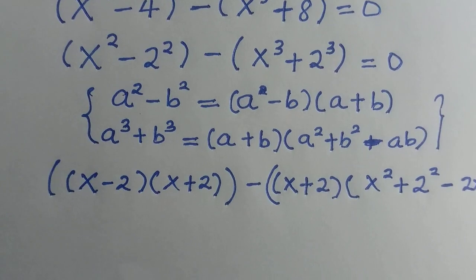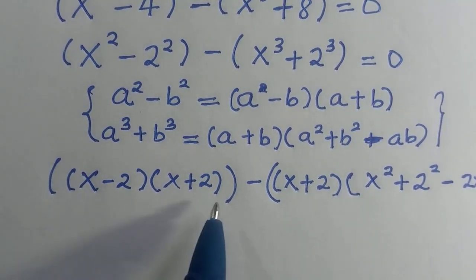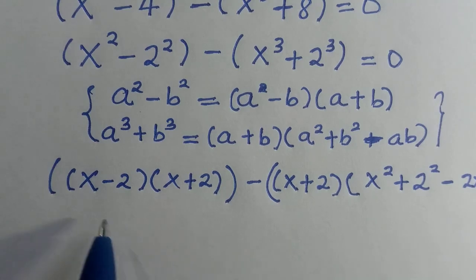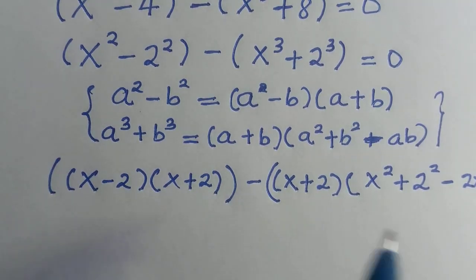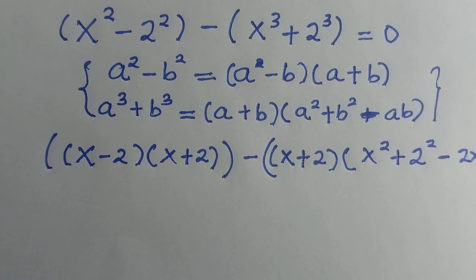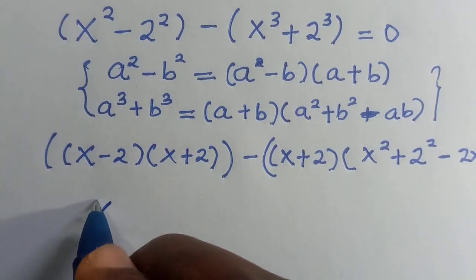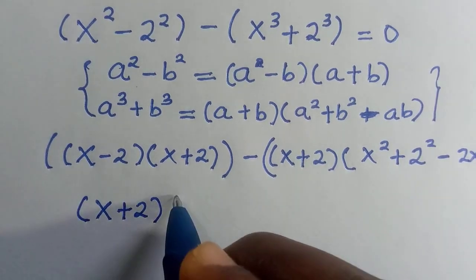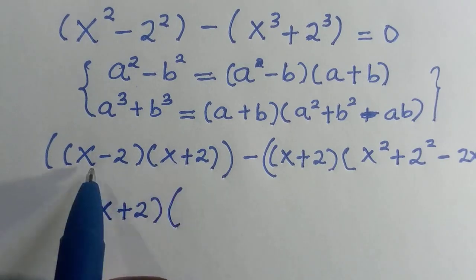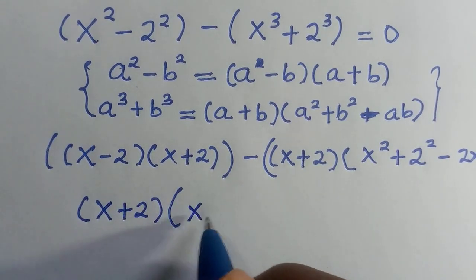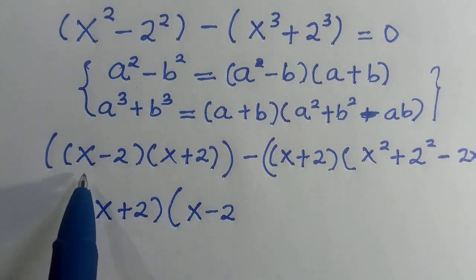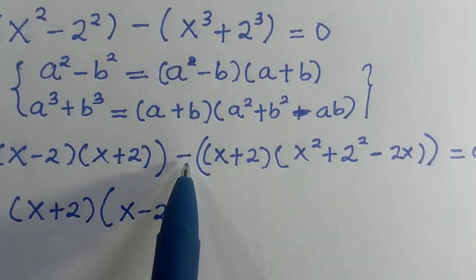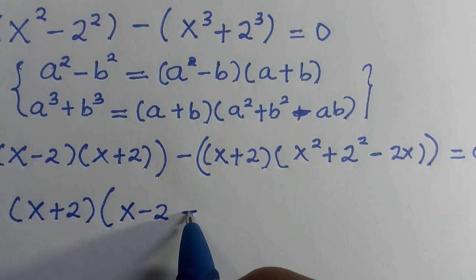And on getting to this, let's look at the first bracket and the second bracket. What is common to them is x plus 2. And by factoring that one out, we are going to have x plus 2 in bracket. So when we take this one out, we are left with x minus 2 here. And why for this one? This is negative. It comes with it.